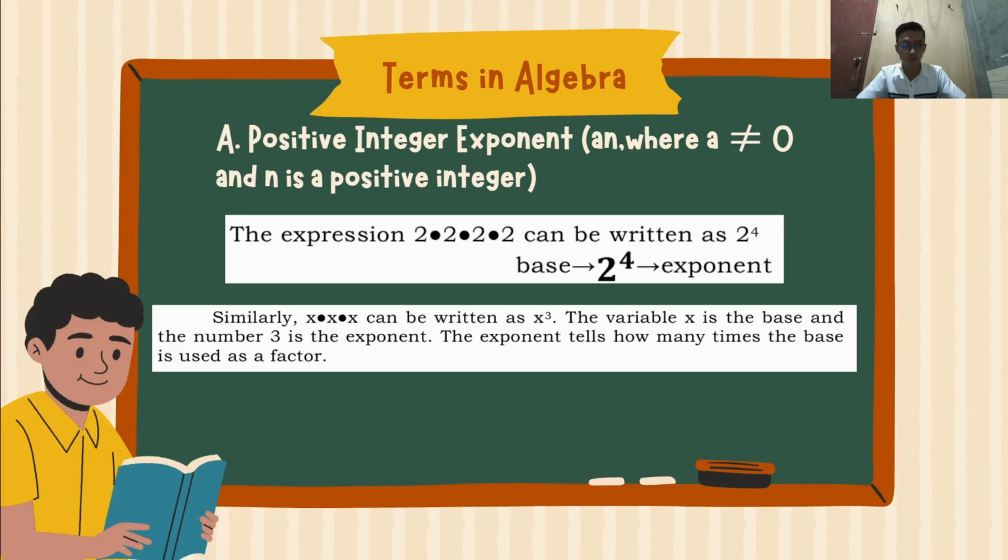Now, the expression 2 times 2 times 2 times 2 can be written as 2 raised to 4, or 2 to the power of 4. Okay? So our base would be number 2 and number 4 is the exponent.